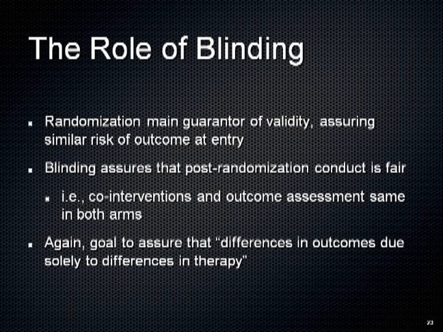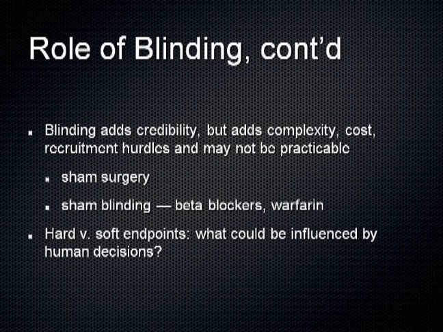It doesn't do you any good to have patients that are similar in the beginning if they're treated differently thereafter or the outcomes are ascertained differently. That reintroduces systematic bias and confounding. Again, the goal is to make sure that the differences are solely due to therapy.